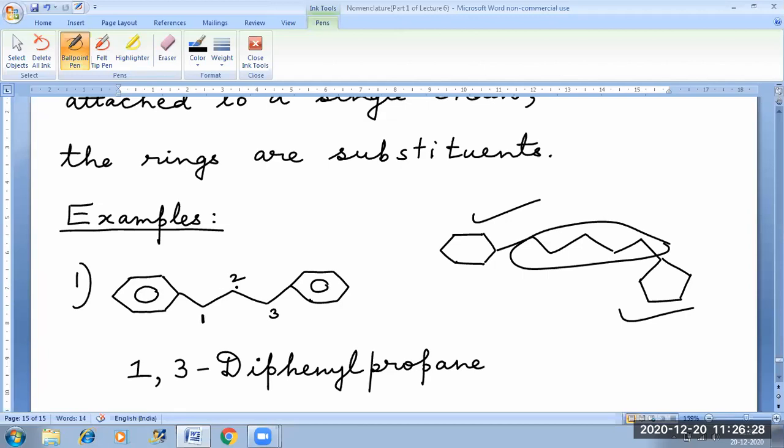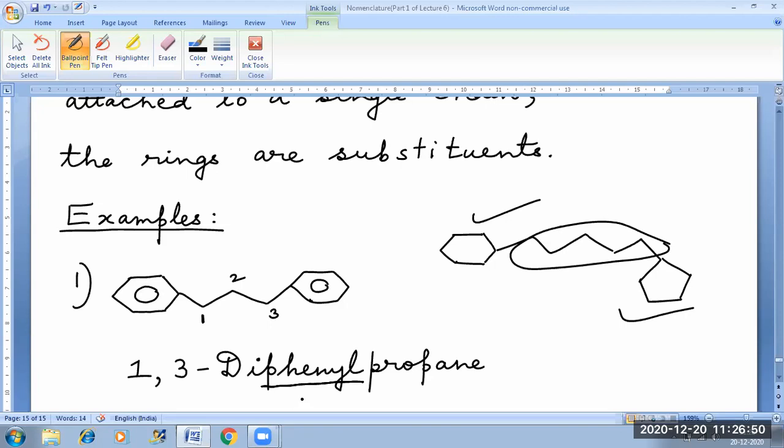So this is the main chain or the parent chain, 1, 2, 3. So the parent chain is of 3 carbon atoms. Propane has been used as the suffix because the parent chain has 3 carbon atoms. Phenyl rings are there, that is benzene rings are present. Since they are substituents, I have used the word phenyl. I cannot use the word benzene now.